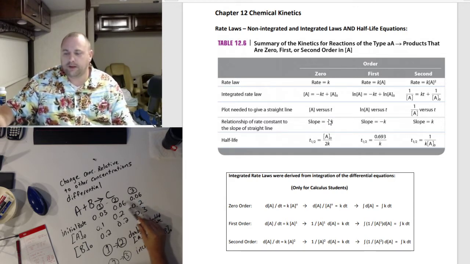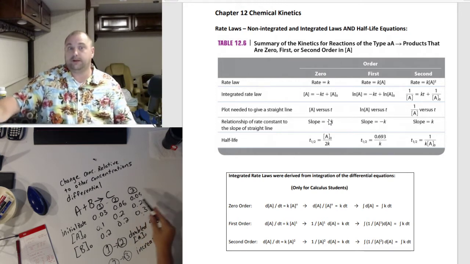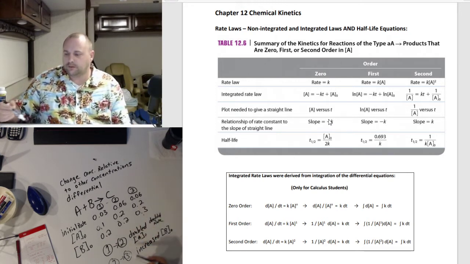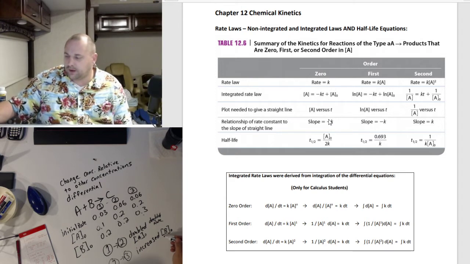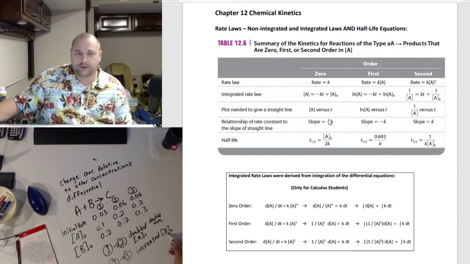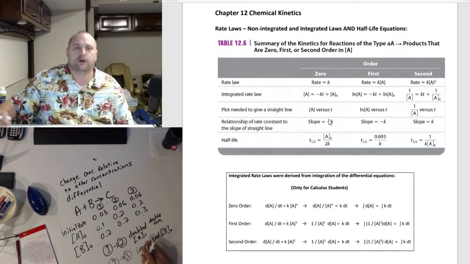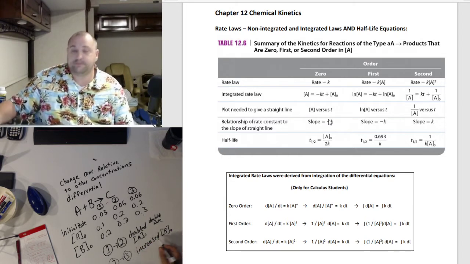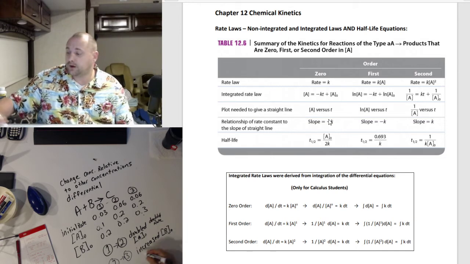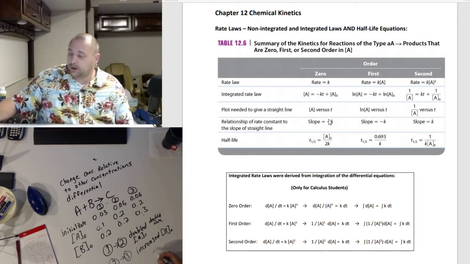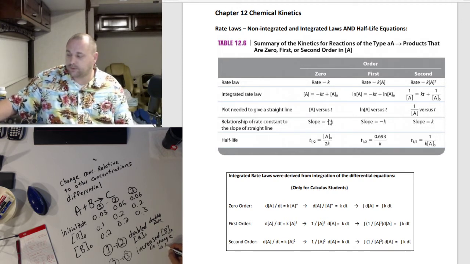If it's anything other than a direct relationship, you can assume it's second order. We're not going to hit you with third order, at least in class. All right, so we increased that, but there was no change in the rate.